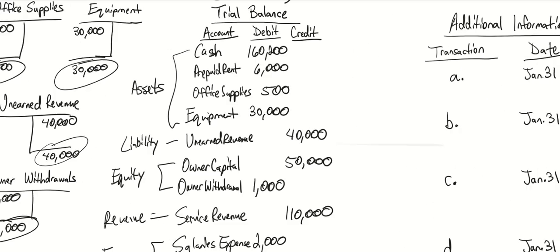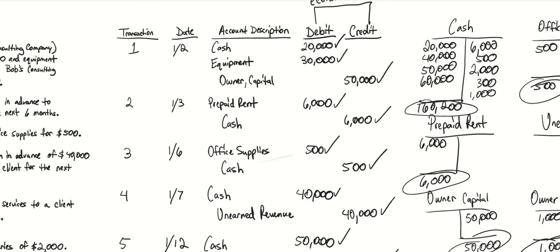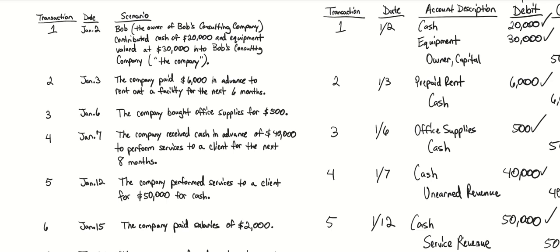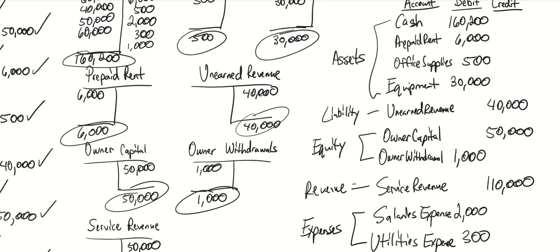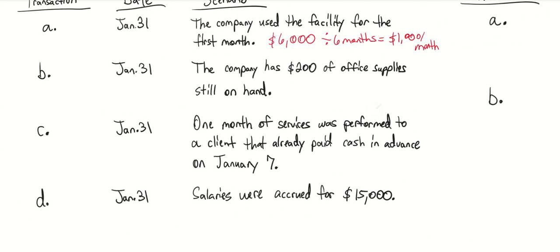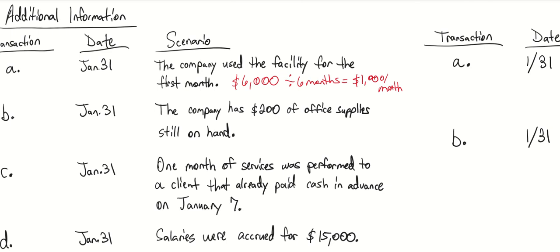So if we go back here to the initial transaction of office supplies, we see that on transaction 3, January 6th, the company bought office supplies for $500. The entry was to debit office supplies for $500, credit cash for $500. Now it's saying that $200 is still on hand. This means that we're going to have to take $500, subtract out $200 because that's what's still on hand, to get $300.